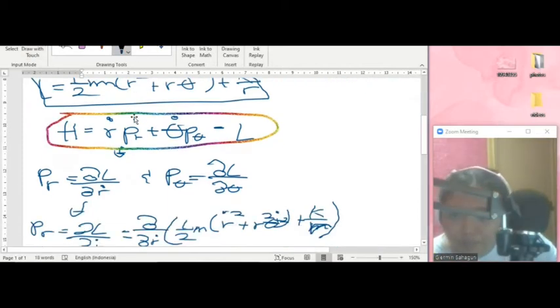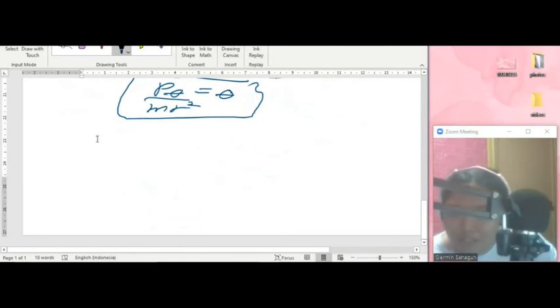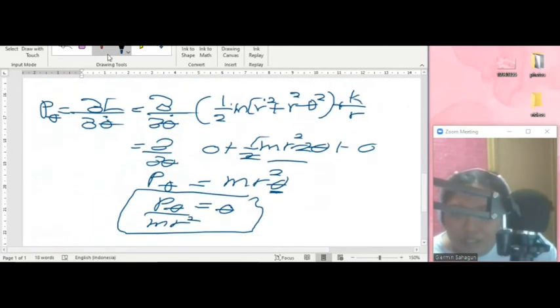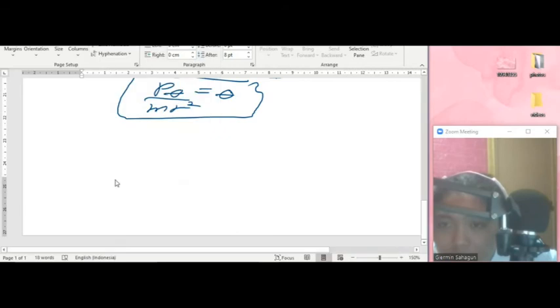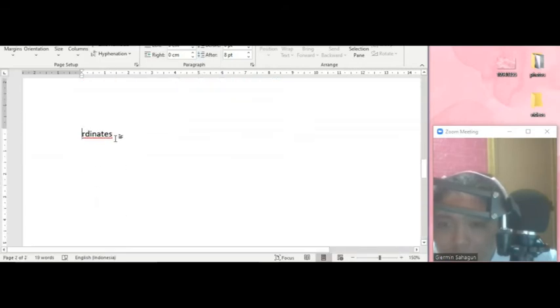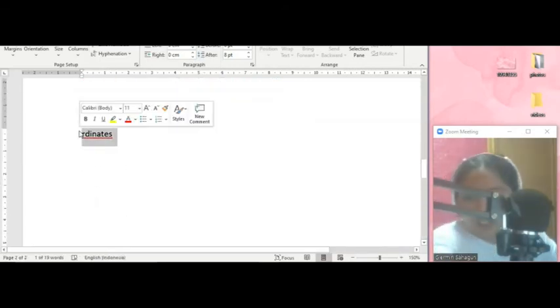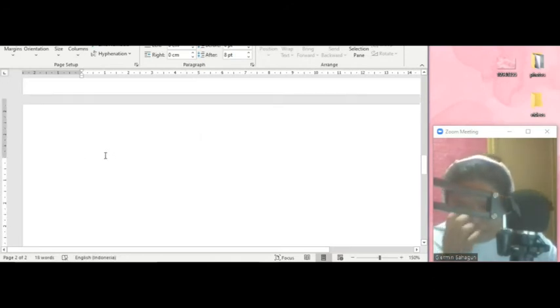Okay. I'm gonna need another page. Here you go. I have another page. So now I have another page here. So let's start inputting the values.